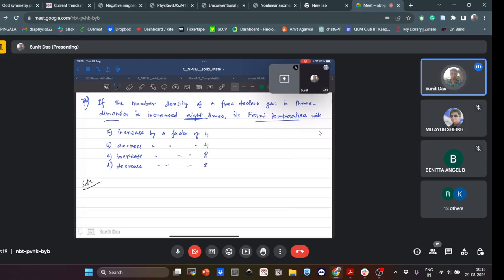So anyone found the answer? C, increased by a factor of 8.